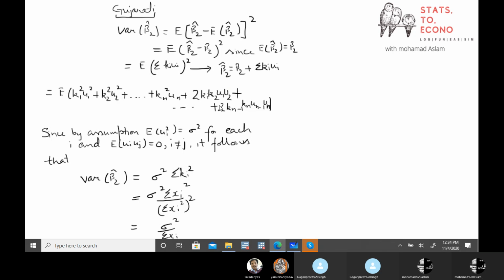We can use that here. If we break down this term in this form, you will remain with two parts: one is the square part, another is the 2k and the u parts.